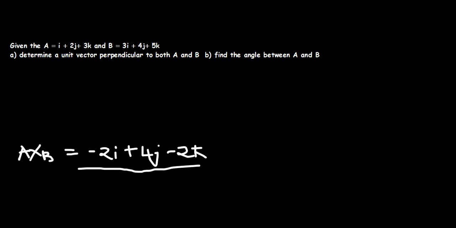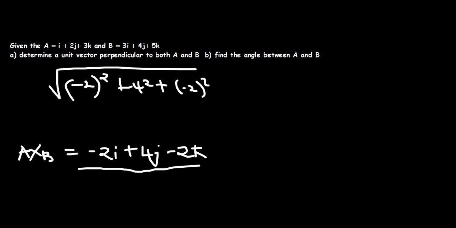So how do we calculate the magnitude of this? We are going to say minus 2 squared plus 4 squared plus minus 2 squared, and then we take the square root.